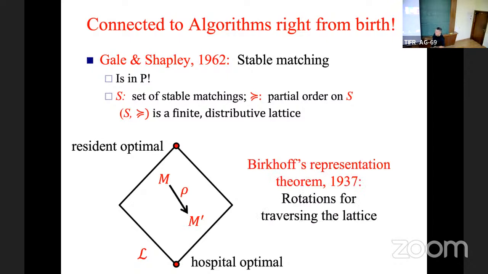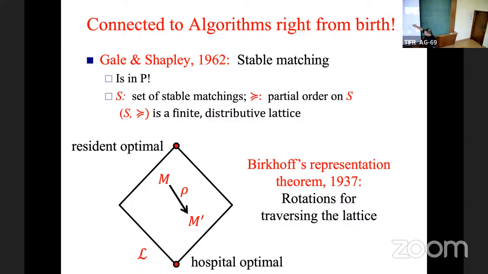And this you may or may not know, but there's a fantastic theorem of Birkhoff, going even before 1962. Garrett Birkhoff was a professor at Harvard, and Birkhoff's representation theorem applies to any finite distributive lattice. Through his theorem, you get a notion of rotation, which helps you traverse this lattice.